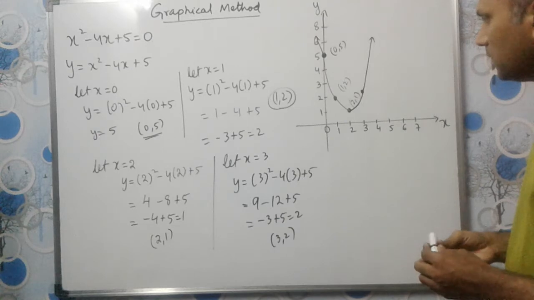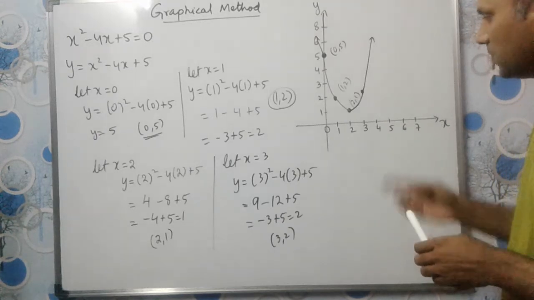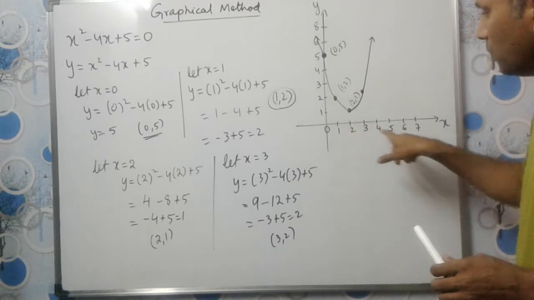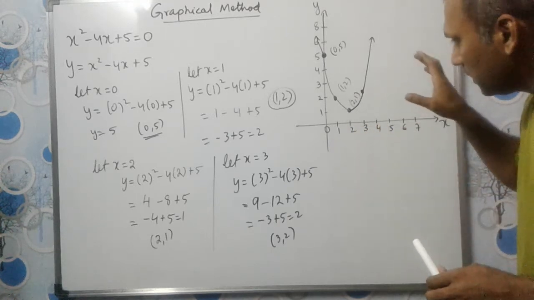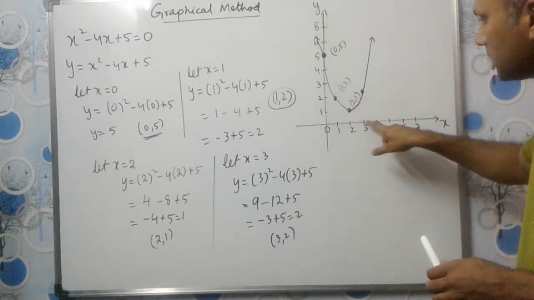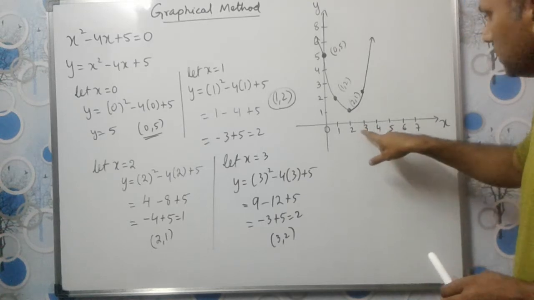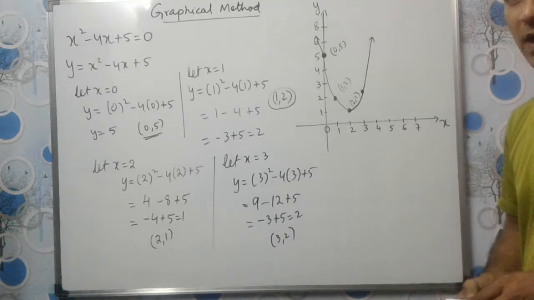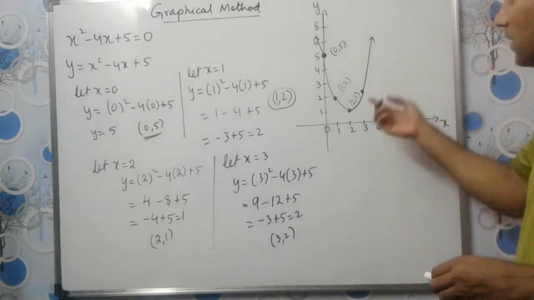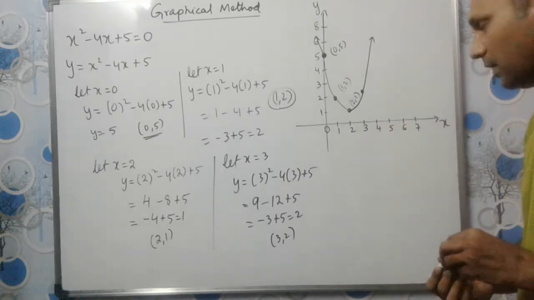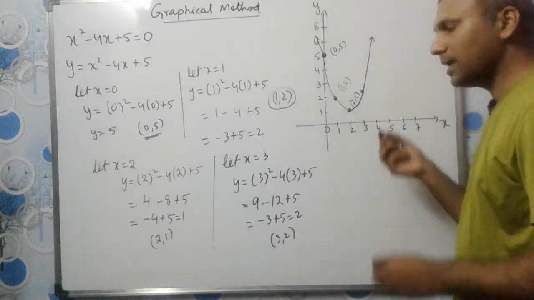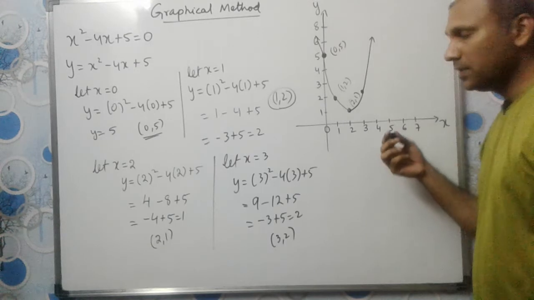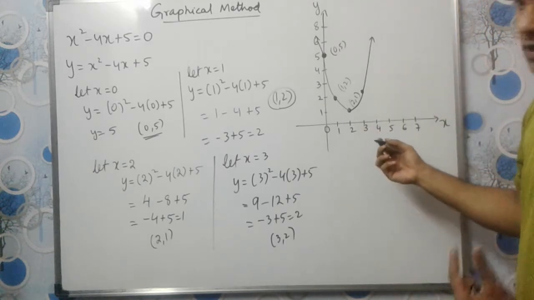Now, in the first problem, what we did? The graph was touching at 2 and 5. So the roots were 2 and 5. Okay. In the second problem, the graph was touching at only 3. So the roots were 3 and 3. Now the graph is not touching x-axis at all. So what are the roots now? Now see, if you have a case like this in which the graph is not touching x-axis, it will have no real roots.